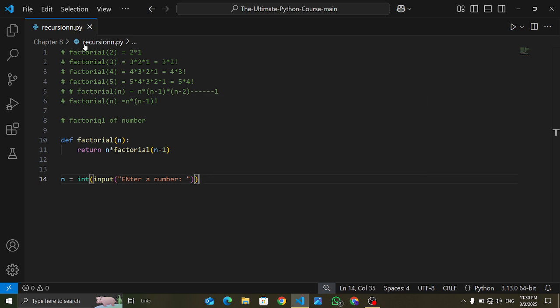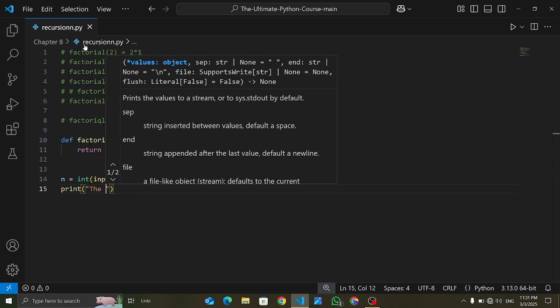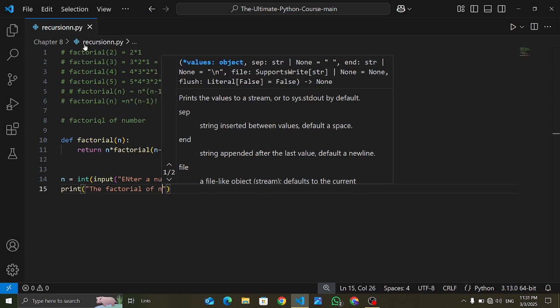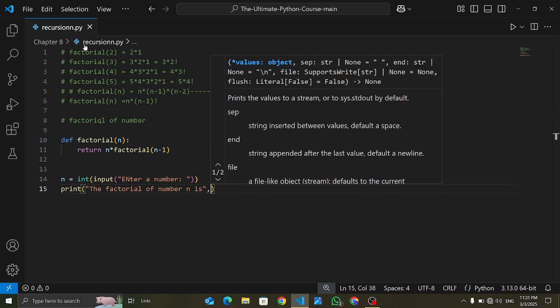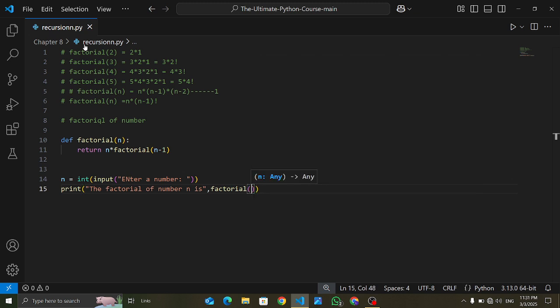So I'm going to take an input, and now I'm going to use the print statement: factorial of number n is, comma. I'm going to call this function called factorial n this way.